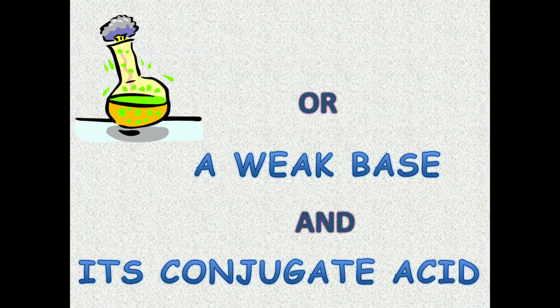If I want a basic buffer, I could make it from a weak base and its conjugate acid. I could make it from something like ammonia and ammonium chloride, which would add the NH4+. But the idea is I want to have both sides, both of the conjugates, because I want to be able to shift back and forth as I add acid or base.